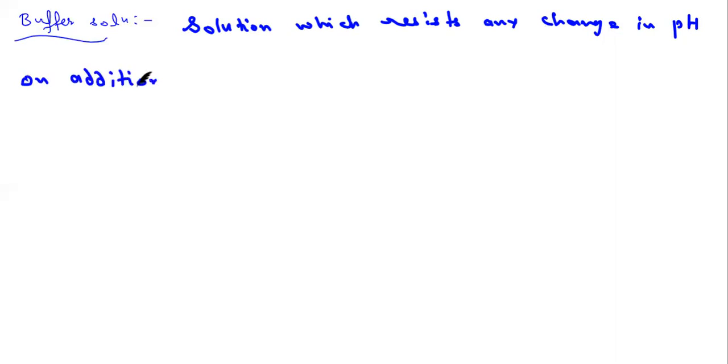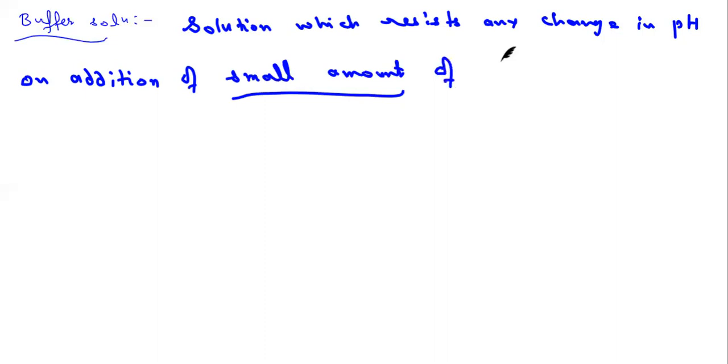So the pH does not change on addition of a small amount of base or acid. But the important thing is small amount. You can't put a large amount of acid or base in it, because then definitely the pH will change.